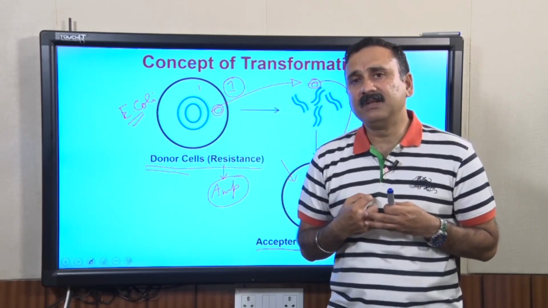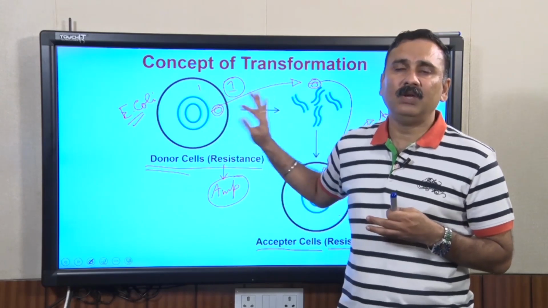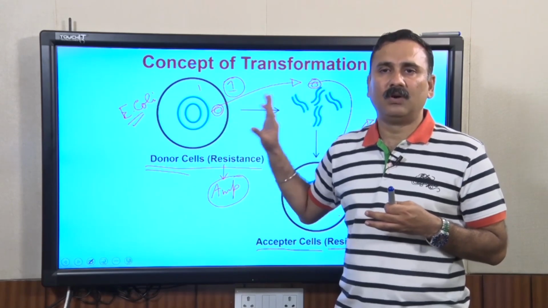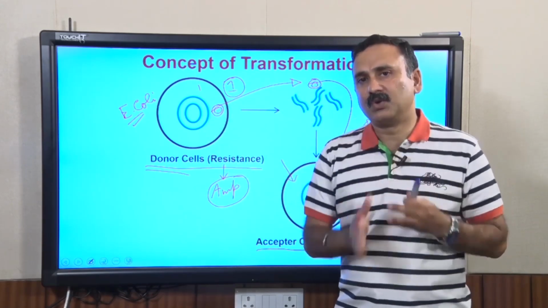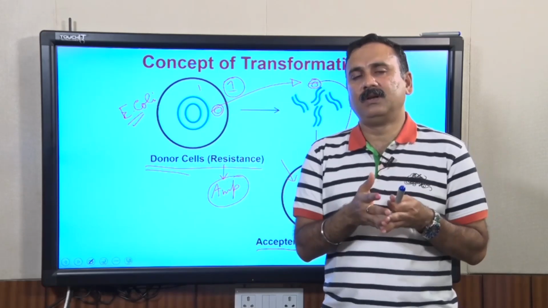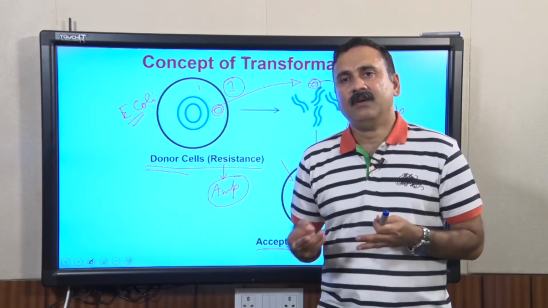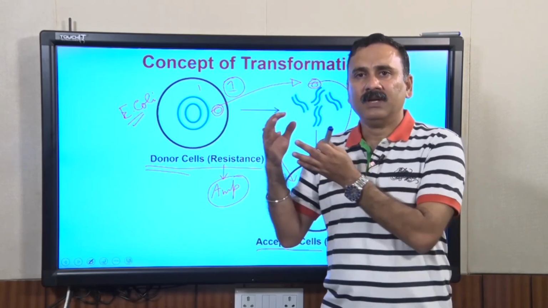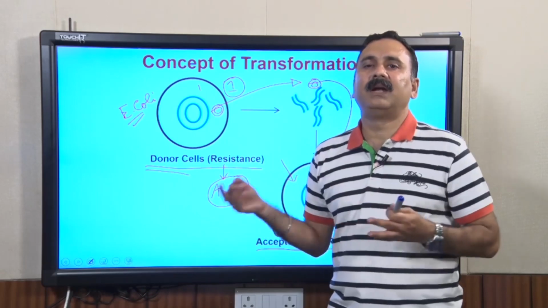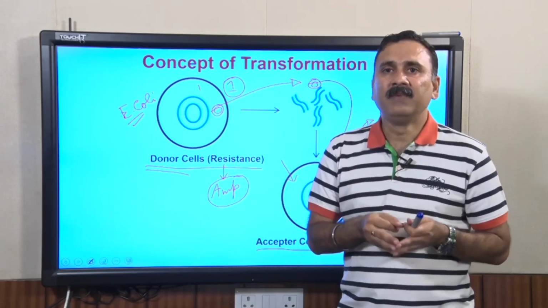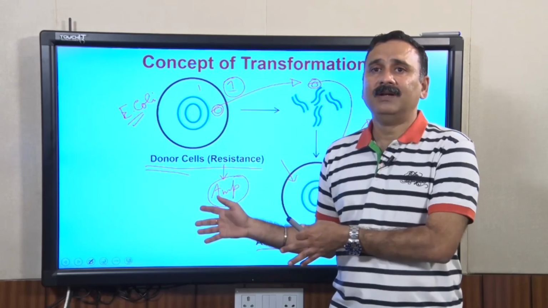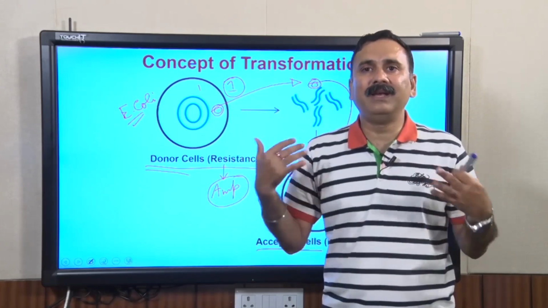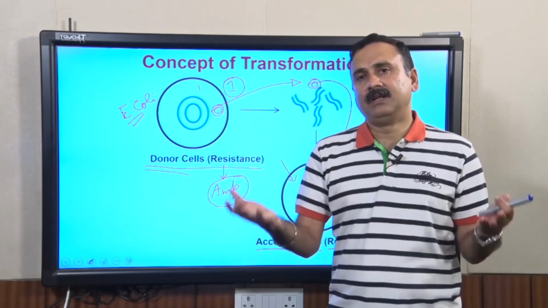That is why it is advisable that when you discard any of these recombinant DNA containing bacteria, yeast or mammalian cells, you should destroy them, and that process is called incineration, which means you have to incinerate your bacterial plates, or inactivate the bacteria present in the culture media before you throw them into the sink, so that it does not contaminate the environment and the other bacteria will not take it up.